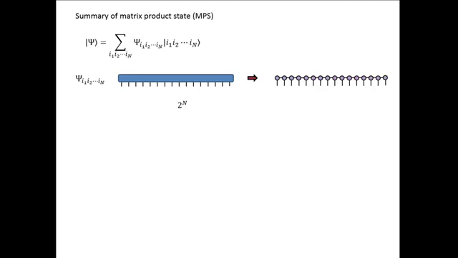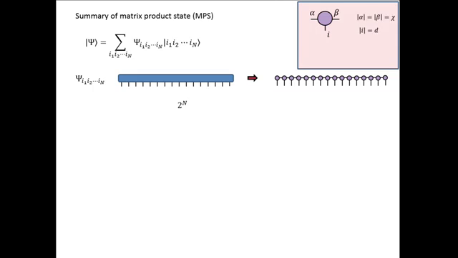And a matrix product state was this way of decomposing that tensor in terms of a collection of small tensors organized in a one-dimensional array. We assume that each tensor has a number of parameters independent of n, the system size.